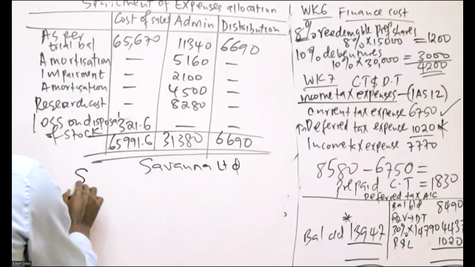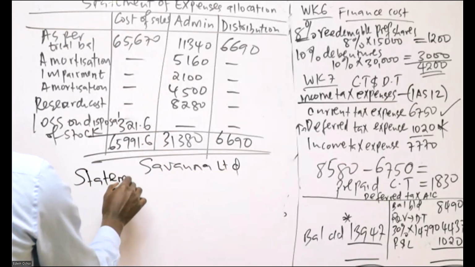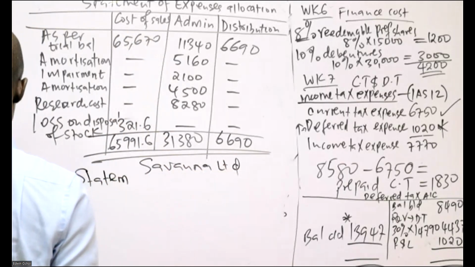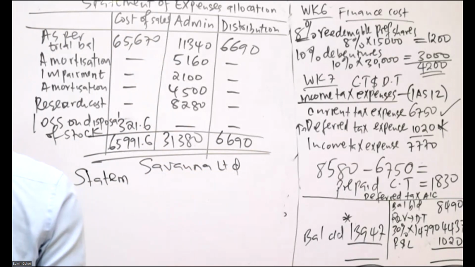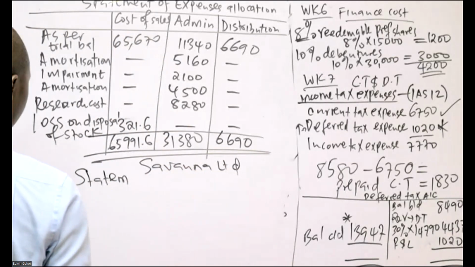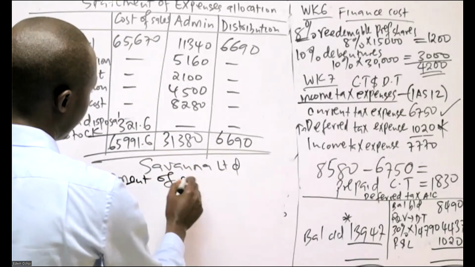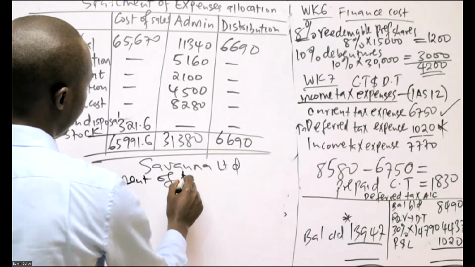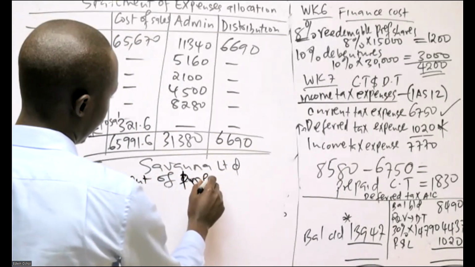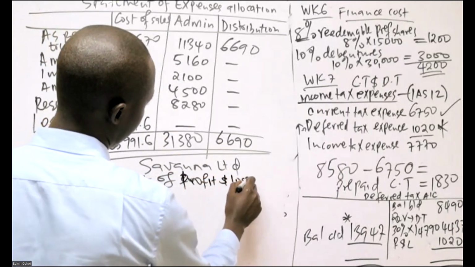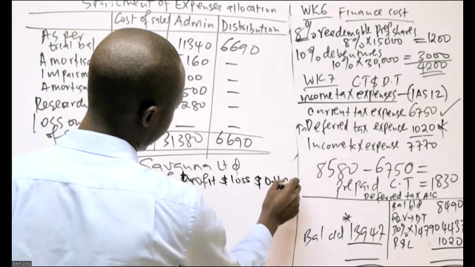Statement of... what were they calling it? According to this requirement, they were in need of a statement of comprehensive income. But nowadays, they call it statement of profit and loss and other comprehensive income.